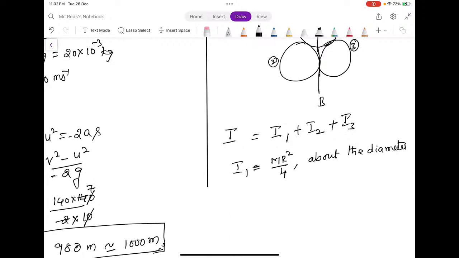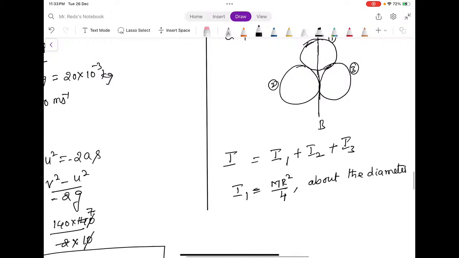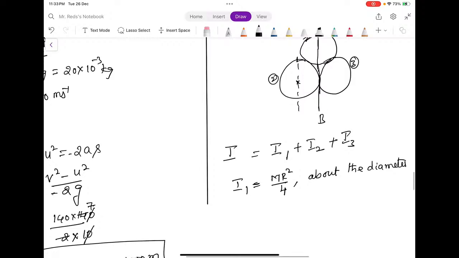Next, for the second and third, the axis is acting like a tangent lying in the plane. So here you have to use the parallel axis theorem. Consider one axis passing through the center of mass, acting like a diameter. According to the parallel axis theorem, I2 is equal to I3 is equal to ICM plus MA square.